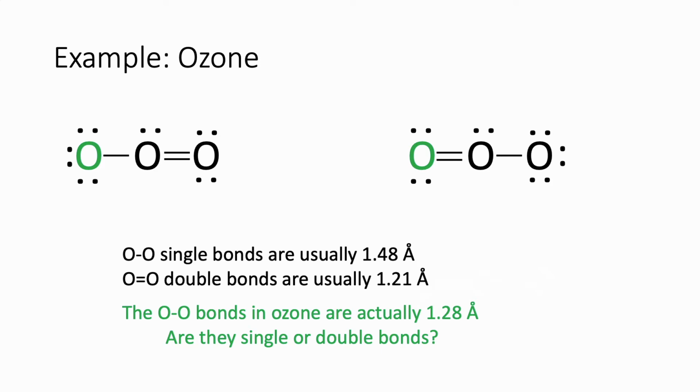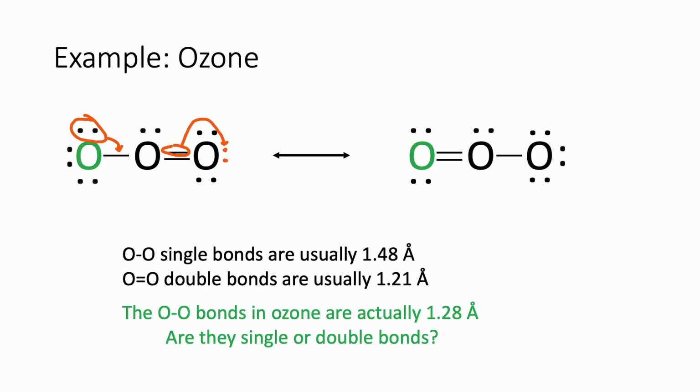So you have to ask yourself, is this a single bond, or is it a double bond, or is it both? So what happens is one of these pairs of unshared electrons moves to become a double bond. And since the central oxygen can't have 5 pairs of electrons, one of the pairs of electrons in the other double bond goes to the other oxygen and becomes an unshared pair.